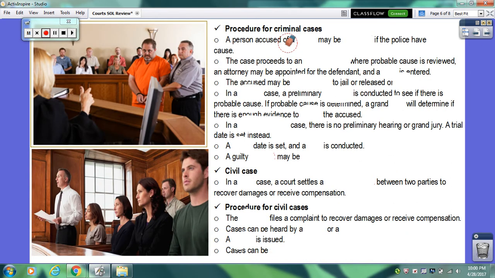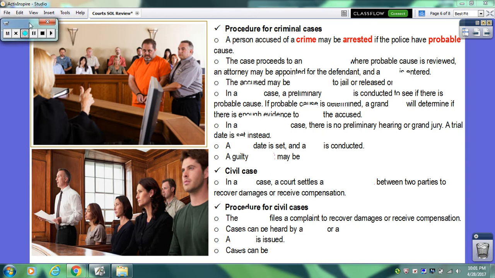So a person accused of a crime may be arrested if the police have something called probable cause. This doesn't exactly mean that he or she is 100% guilty of committing a crime, but they probably are, and they're looking to have evidence that would be able to hold them and bring them to trial.